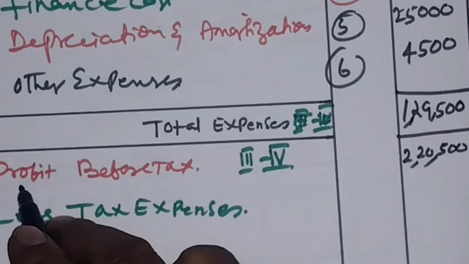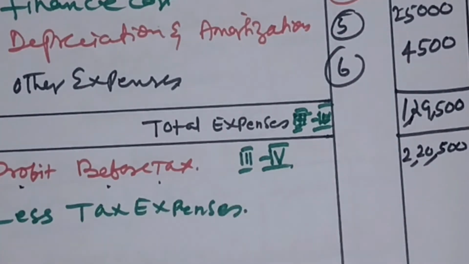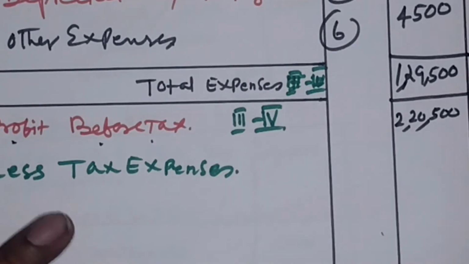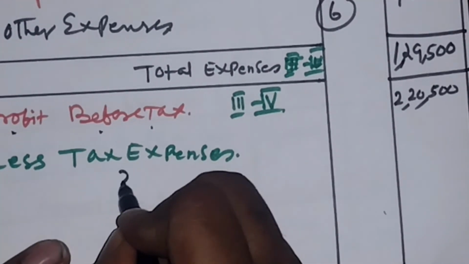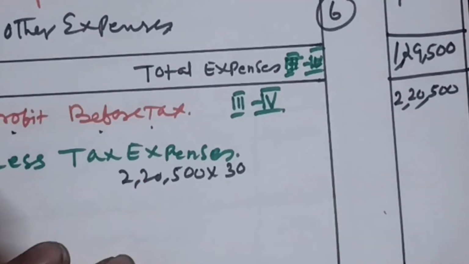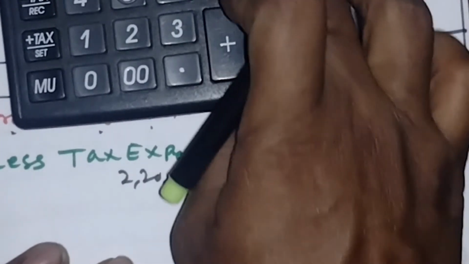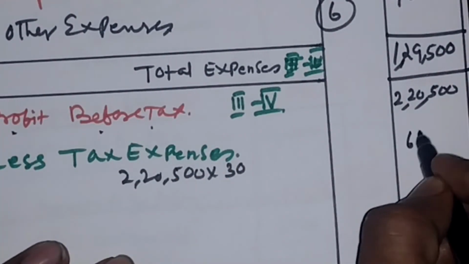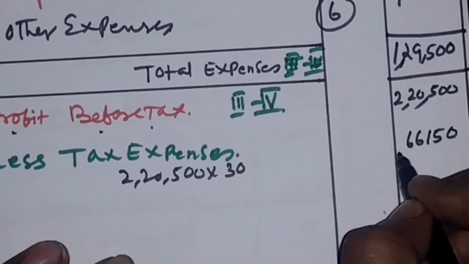The amount I get, 2,20,500, is called profit before tax. Assuming now 30% is the tax on this 2,20,500, let me calculate 30% tax: 66,150.